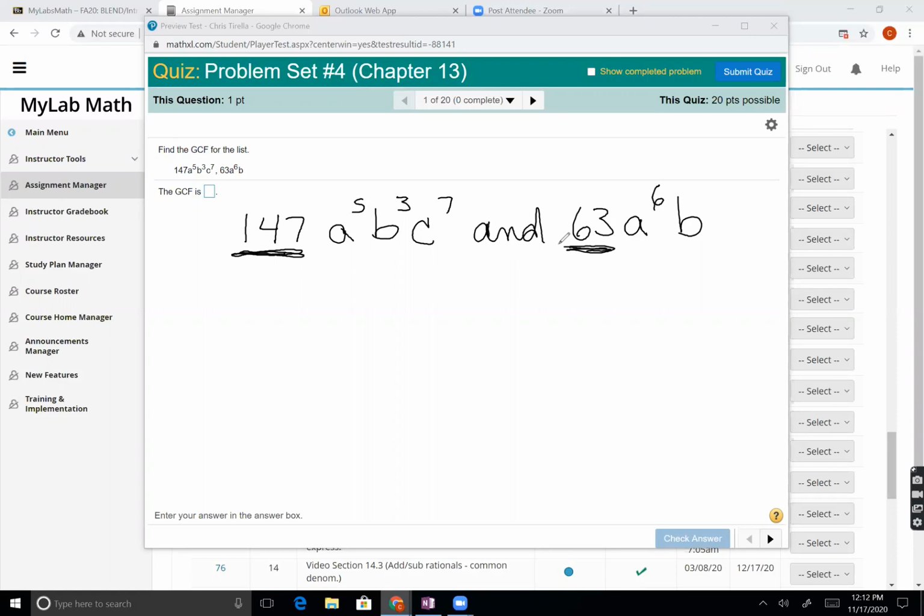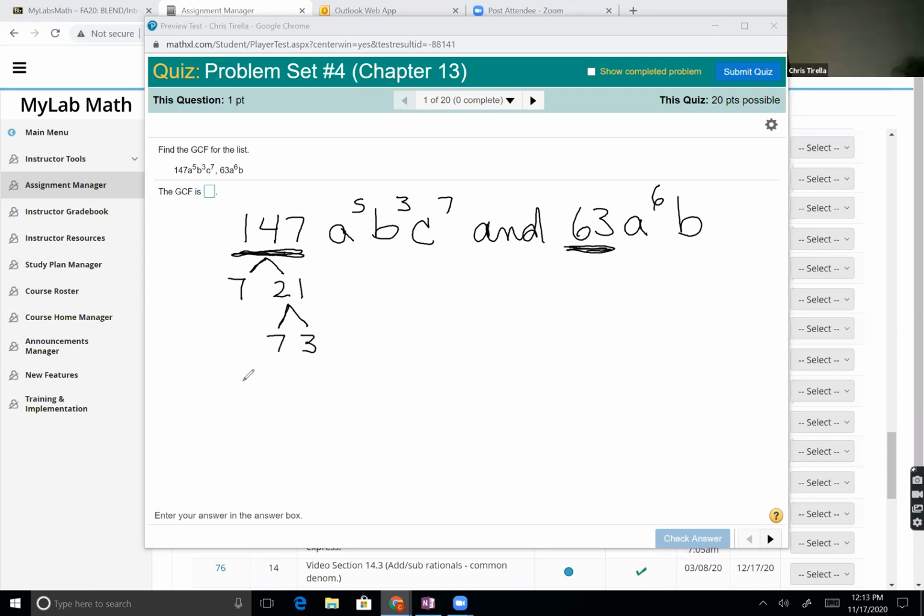Yeah. Okay. What goes into 147? I'm seeing 14 and 7, so I think 7 does. 147 divided by 7 is 21. What goes into 21? 7 times 3. Beautiful.